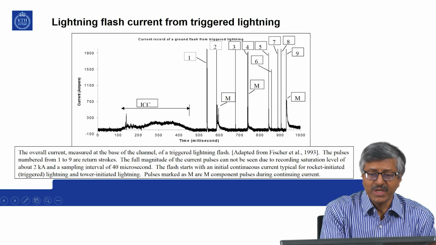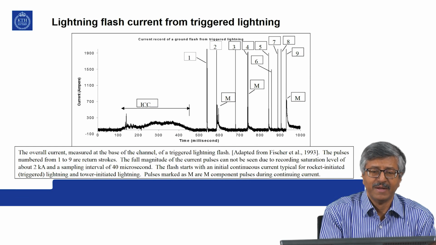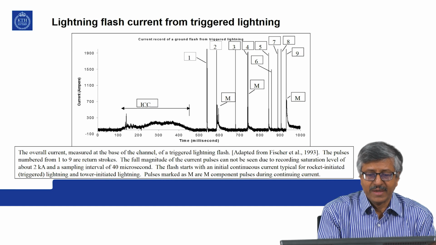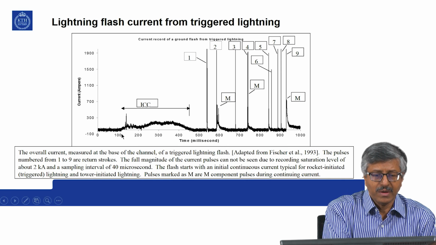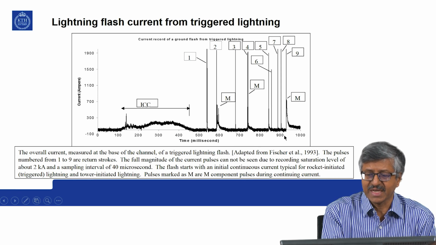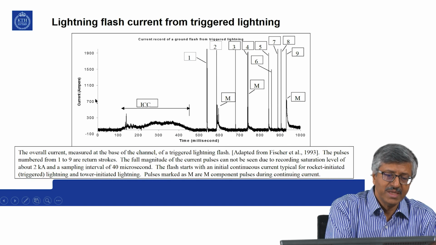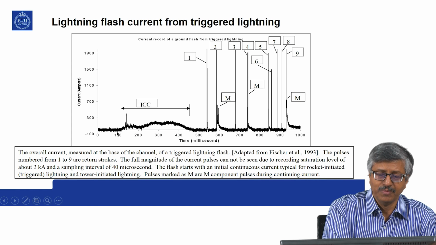So what is shown here is a current that is measured at the base of the channel, actual lightning current during one of those triggered lightning, and if you look at the scale, here it is in millisecond, up to 1 second is shown, the current is in amperes, up to 2000 amperes are shown.